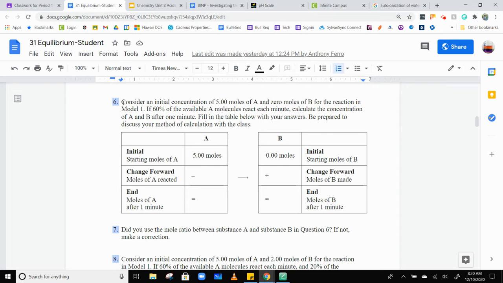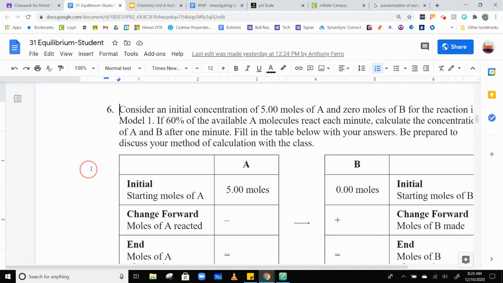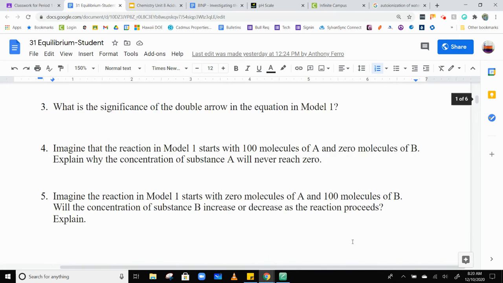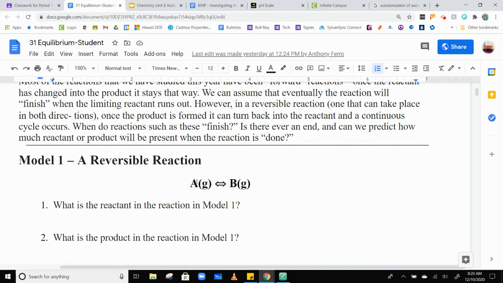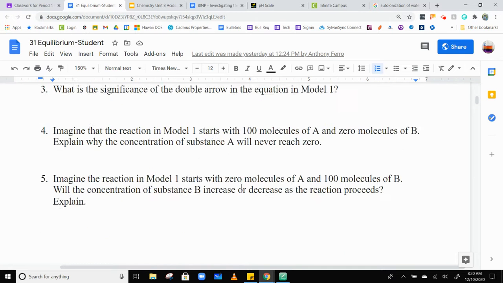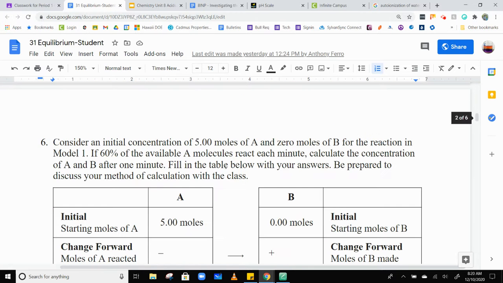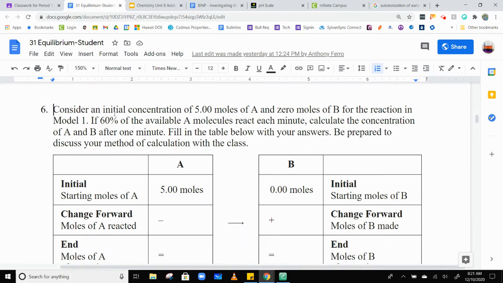For number 6, which starts the mathematics portion of it, let me make this a little bigger. It says, consider an initial concentration of 5 moles of A and 0 moles of B. So for this reaction, you start with 5 moles of A, 0 moles of B. Now in this reaction, 60% of the available A becomes B each minute.